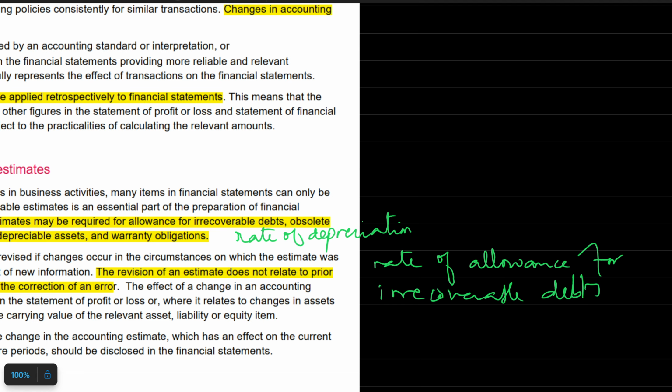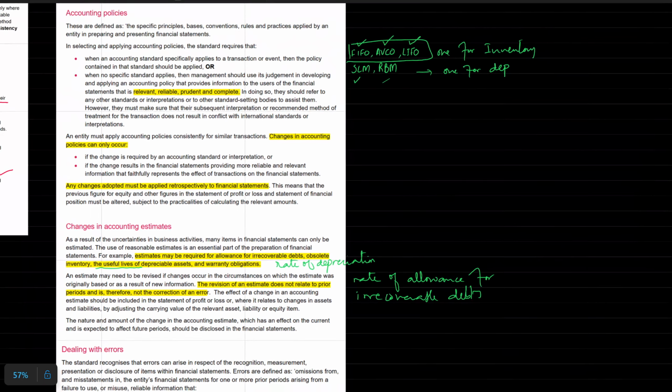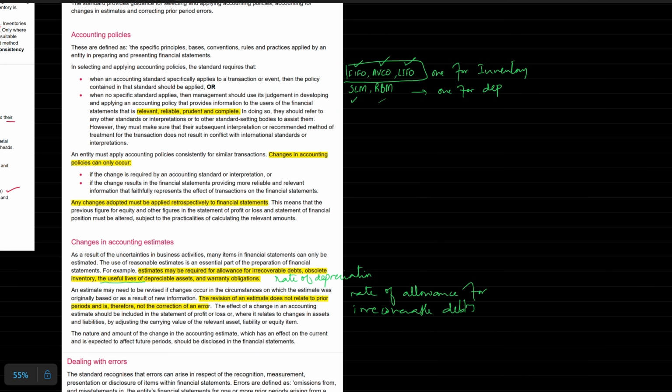Provision for doubtful debts is known as rate of allowance for irrecoverable debts. So students, hope you learned what is the difference between an accounting policy and accounting estimate.